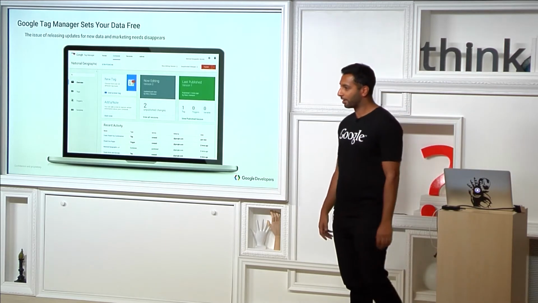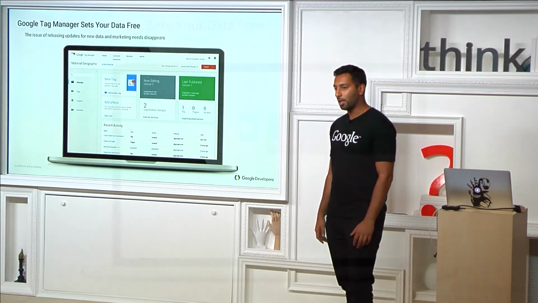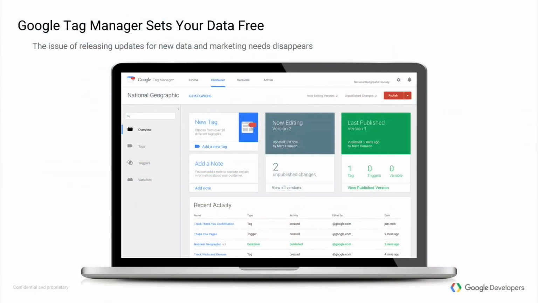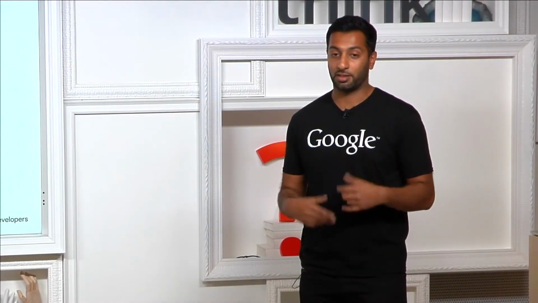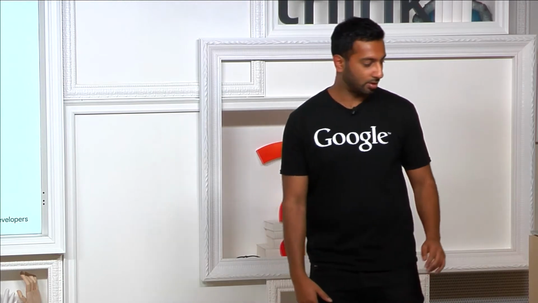Luckily, with things like Google Tag Manager, that changes. You can set things up so that you can use your data whenever you want to use that data. So you're not relying on your developers anymore or your IT team. Vice versa, if you are the developer, you haven't got your marketing person after you to set something new up.